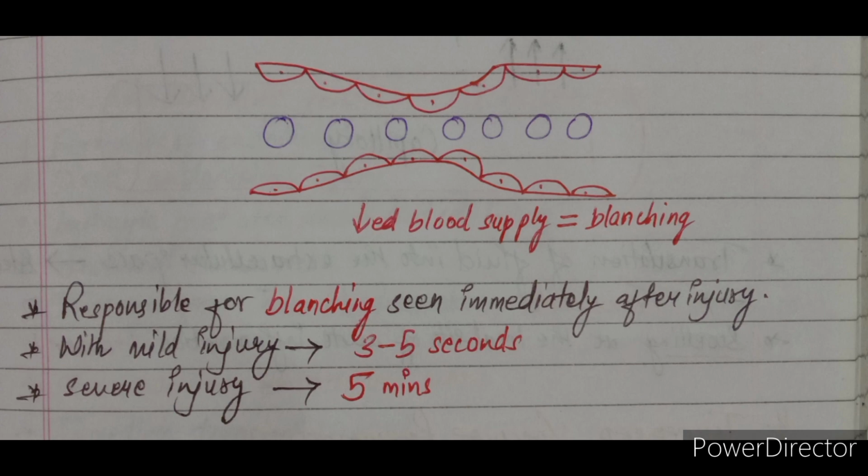Blanching means that the skin looks yellowish due to decreased blood supply, which is due to vasoconstriction. It is seen immediately after injury. With mild injury, it lasts only 3 to 5 seconds, and in the case of severe injury, it will last only 5 minutes.